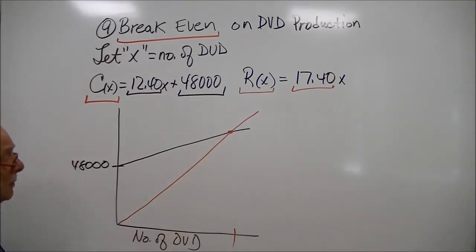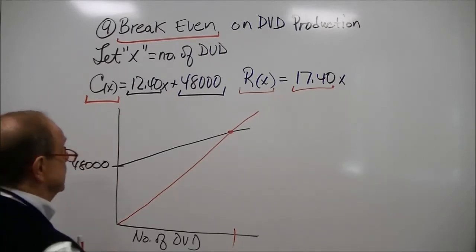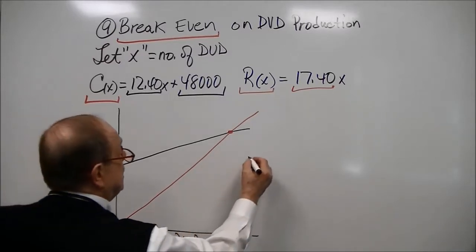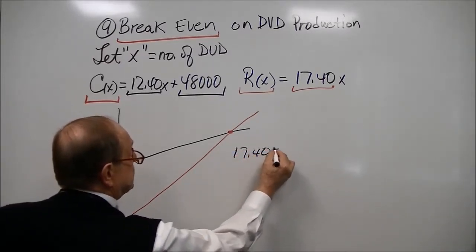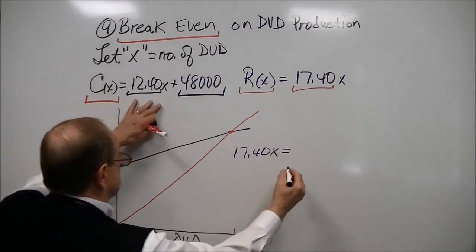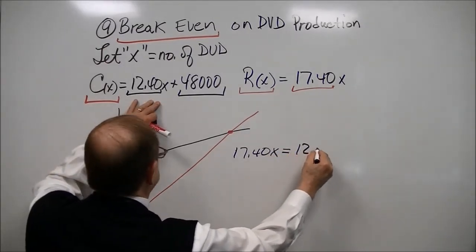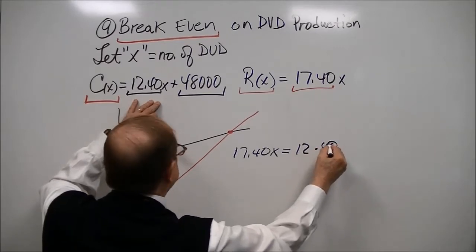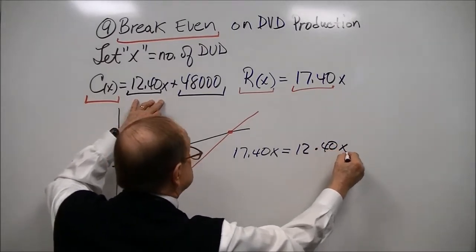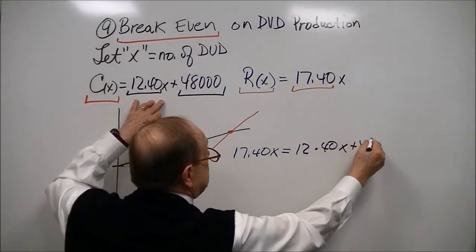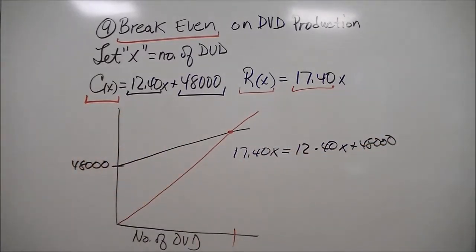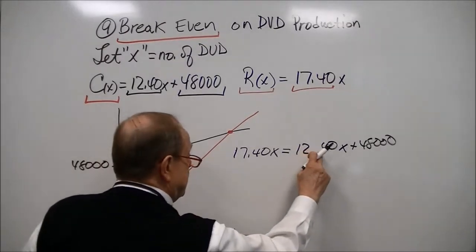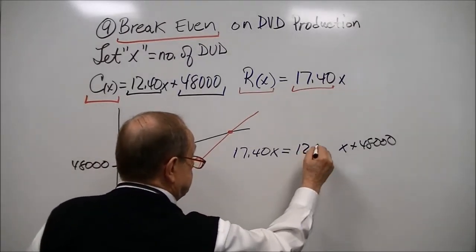So the way we solve this type of problem is that we write it as an equation. We say that 17.40x equals 12.40x plus 48,000. There's our equation. And I should put this dot down here. There you go.